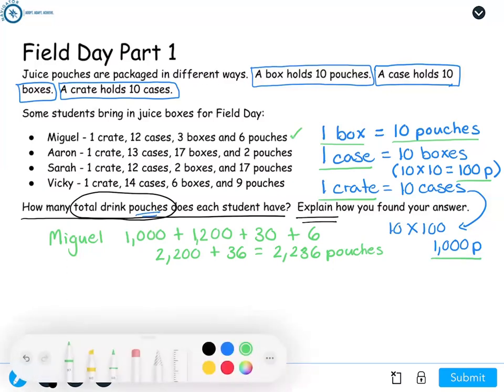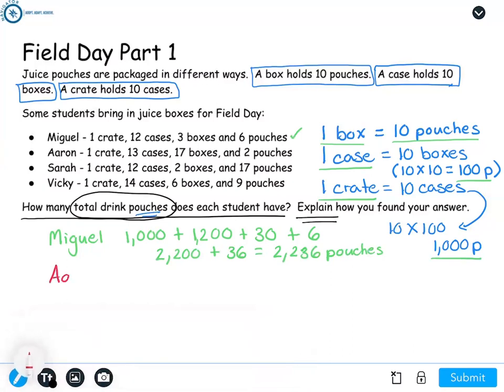Let's look at Aaron. Aaron brought in one crate. And again, one crate is 1,000 pouches. And we're just counting the pouches because that's what our problem says.